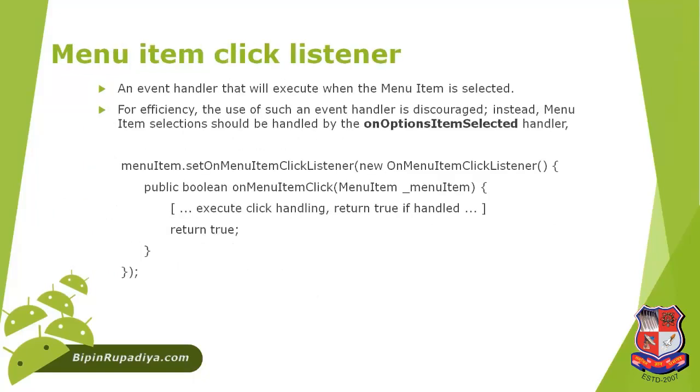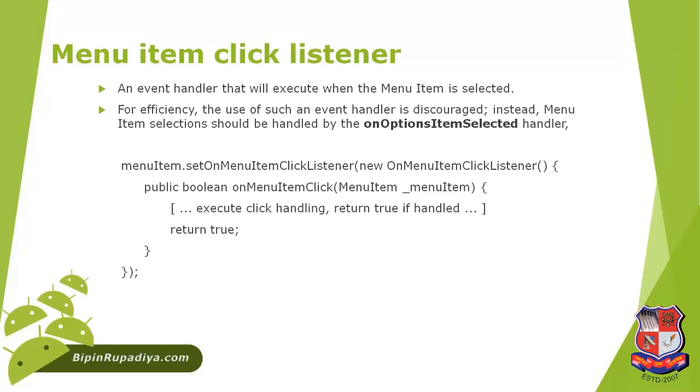Another one: how can you set listeners on the menu item? You should always utilize onOptionsItemSelected whenever you have created an option menu. If you are working with a context menu, you need to utilize onContextItemSelected.